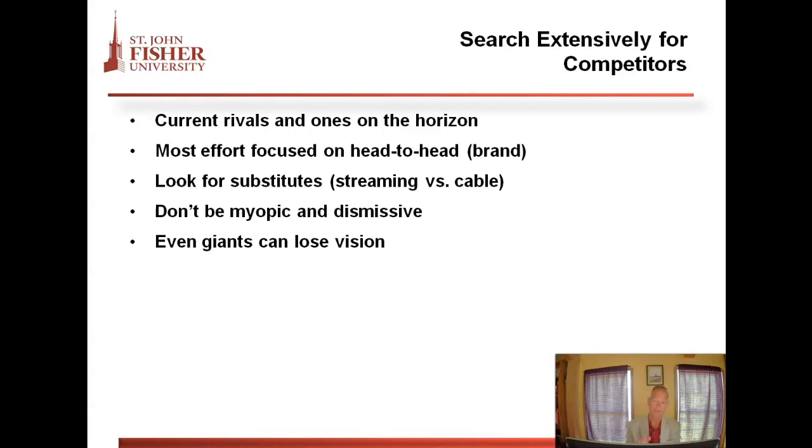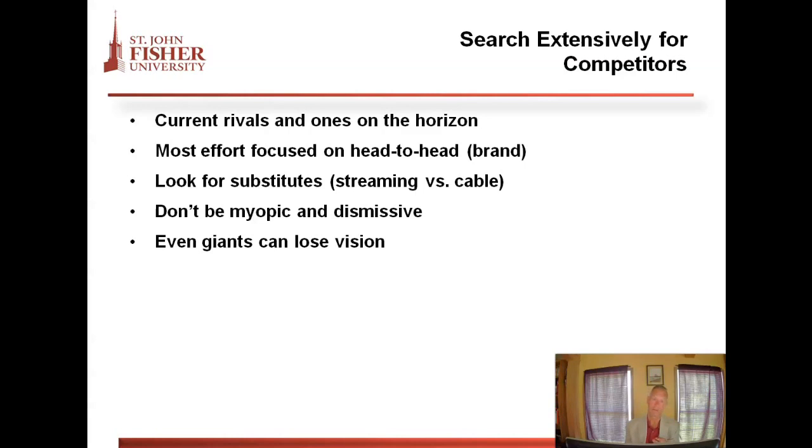So that's another thing. When you look at your current rivals and ones on the horizon, you've got to look at whether there are barriers to entry when it comes to your particular market space and your particular product space. Look at craft breweries. The barrier to entry is very low, and more craft breweries are coming around. There is a lot of competition.